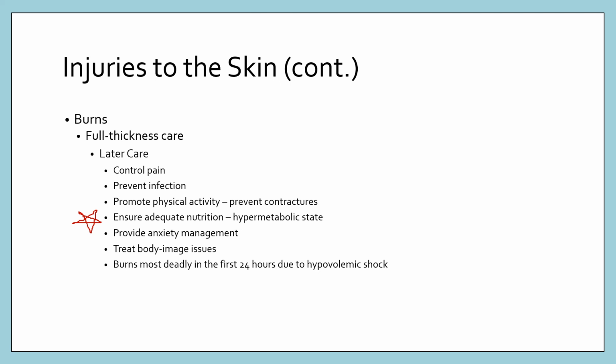So they go into a hypermetabolic state, and that can mean that they're struggling with malnutrition while they're trying to heal. And if you don't give them adequate nutrition, they will become malnourished.